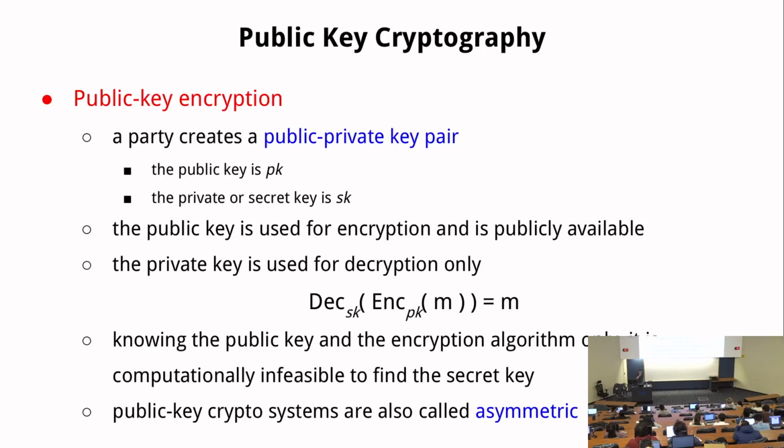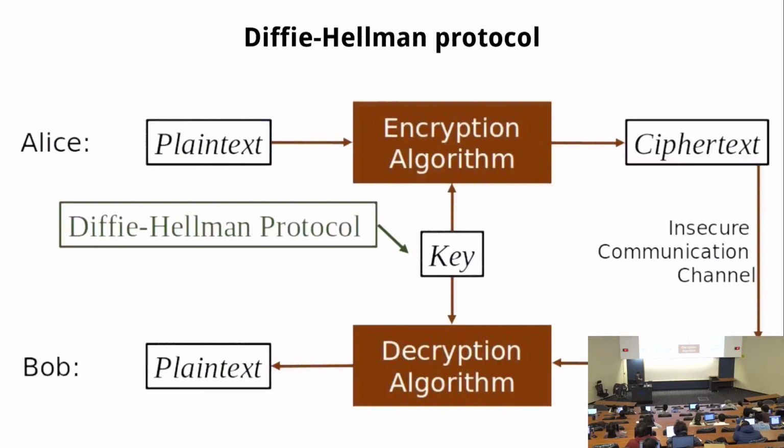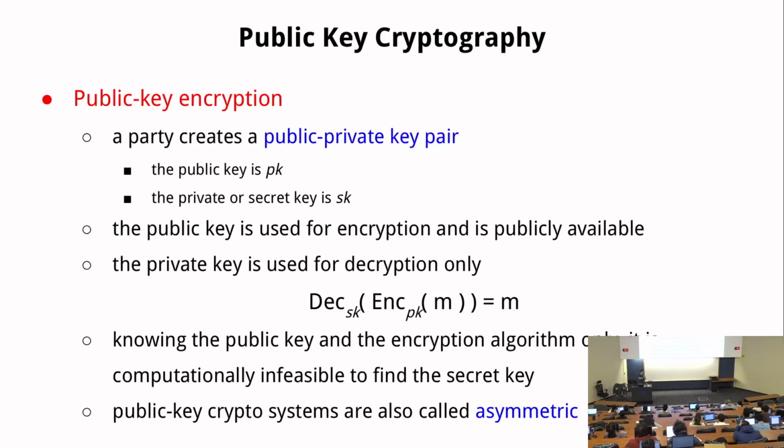So then we use a public key for encryption. Let's say Alice wants to talk with Bob securely. Alice has her own public key and private key. Bob has his own public key and private key. Alice wants to send a secure message to Bob. What Alice does is use Bob's public key to encrypt that message, not her own key.